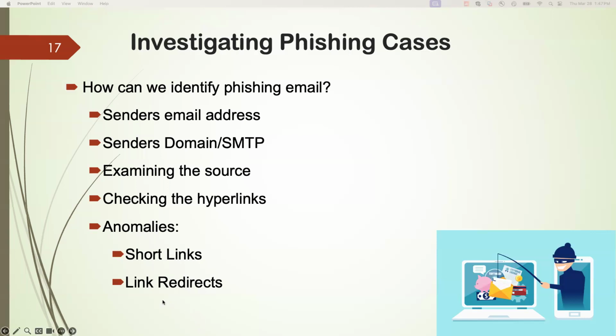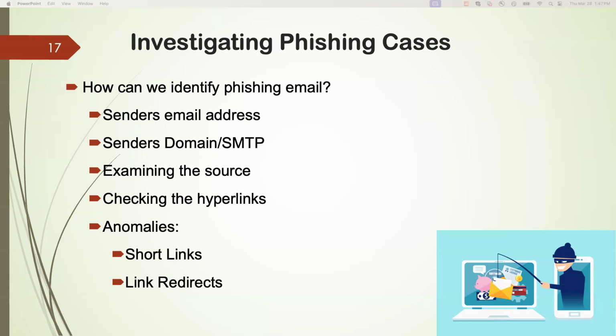Another thing is link redirects. Sometimes these organizations, if they are doing some type of marketing analysis or internet measurement, will hire a third party. For example, if Chase wants to know how many people are interested in a new credit card, they will hire a third party just for this market analysis.